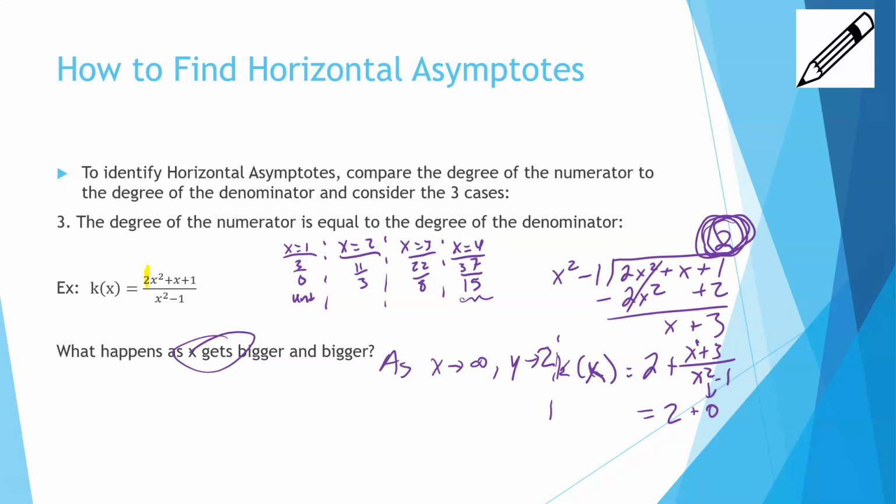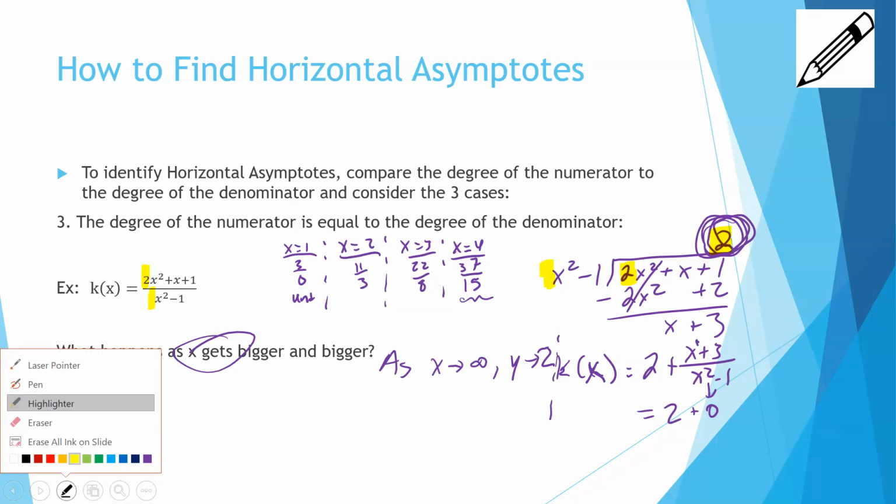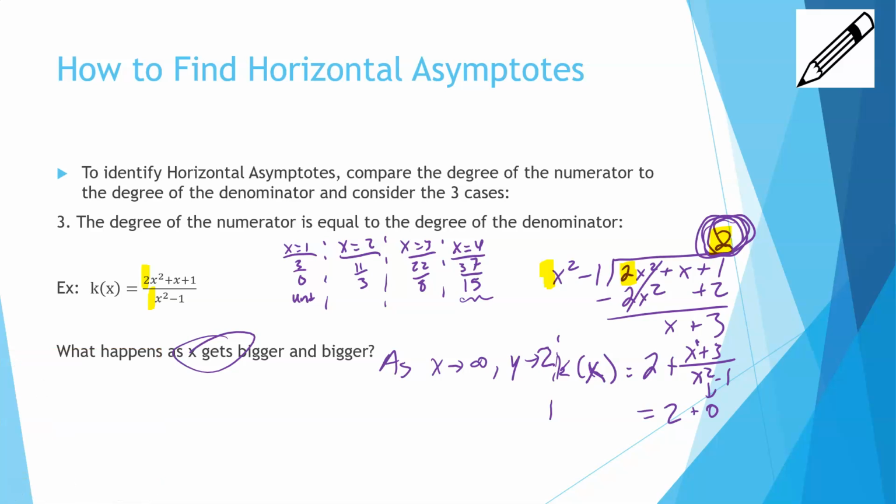Here is what happened. I compare those coefficients, right? Remember, I took this divided by this to figure out what number went up here. That was not a coincidence.